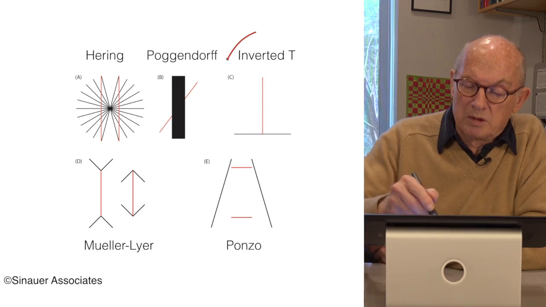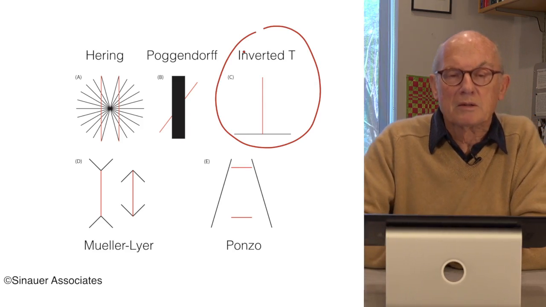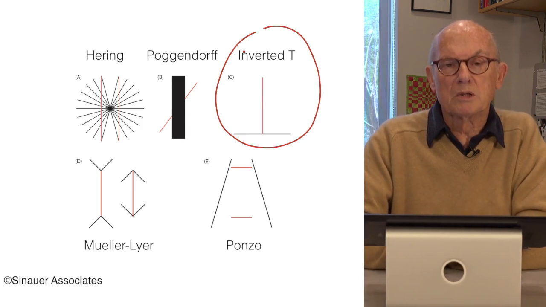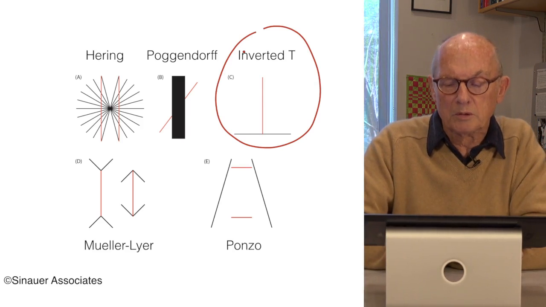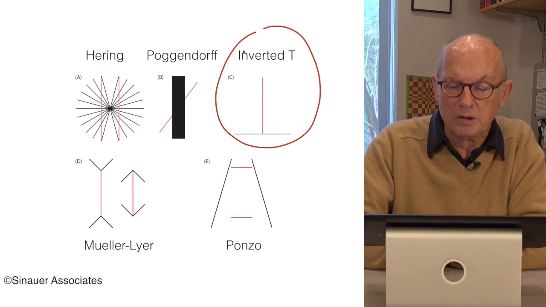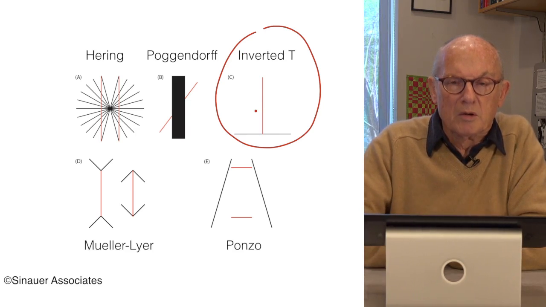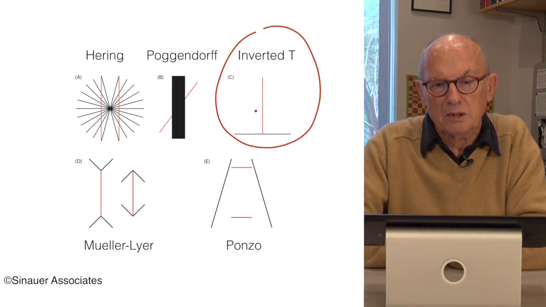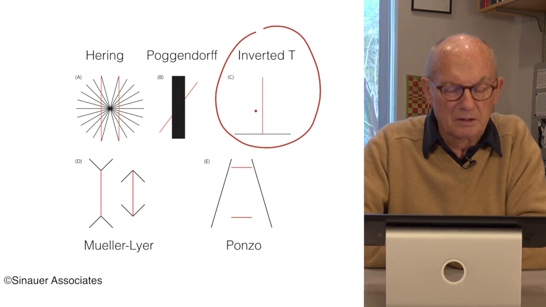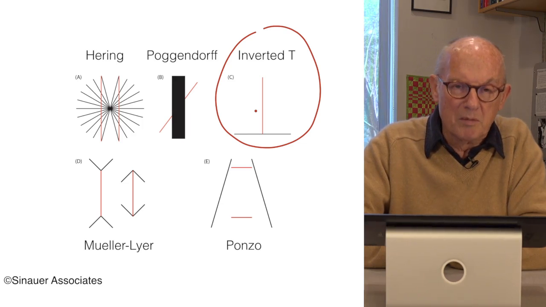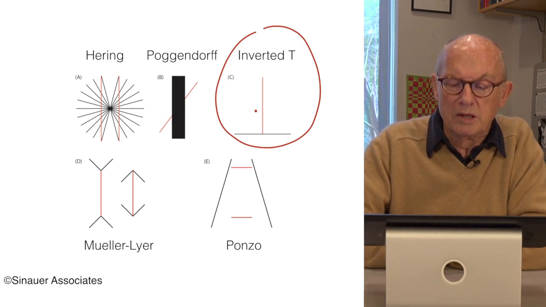The next one I want to tell you about, and we're going to come back to this one, is the simplest one and the easiest one really to discuss in empirical terms, which is in many ways the point of this exercise. This is called the inverted T effect, or as we'll see later, the Lincoln hat effect, and I'll explain that when we come back to look at this one in more detail.